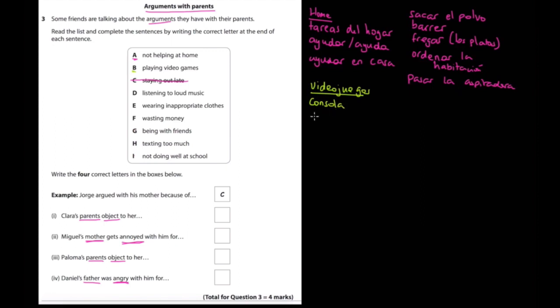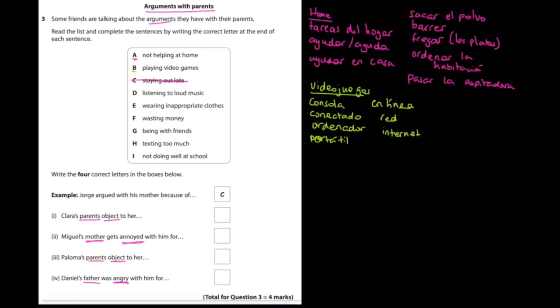I might hear things like conectado, sort of switched on or connected. I might hear ordenador, computer. I might hear portátil. I might hear words like en línea, online, la red, the network, internet. This would be a bit of a giveaway.